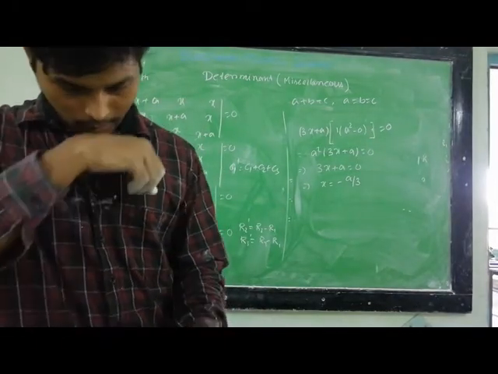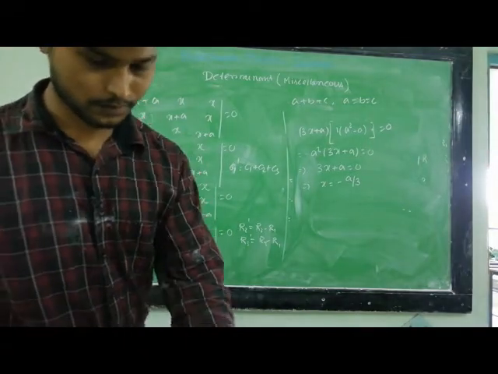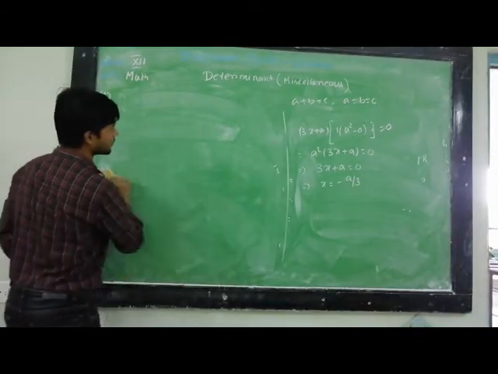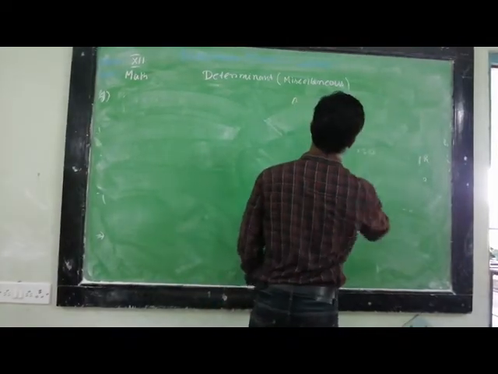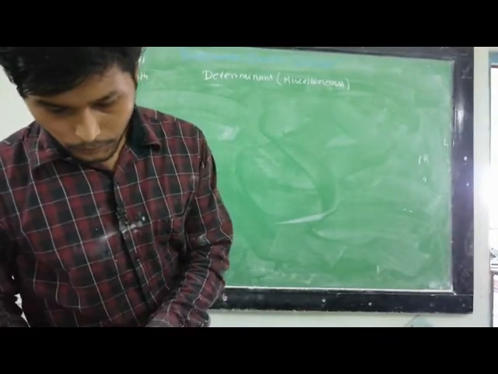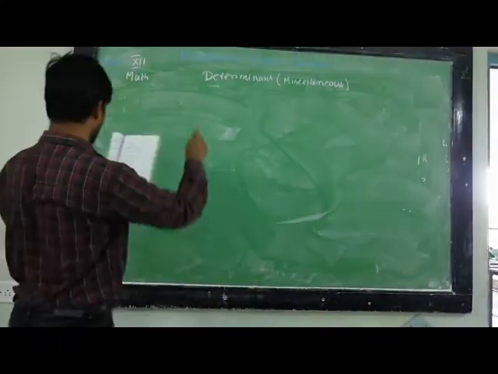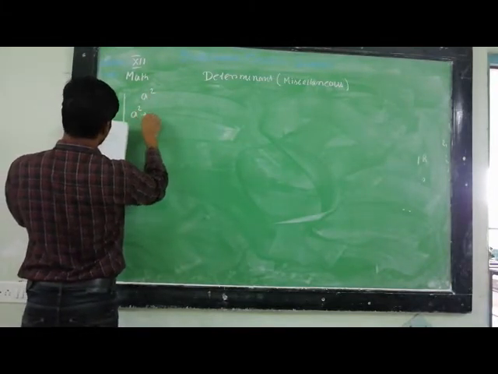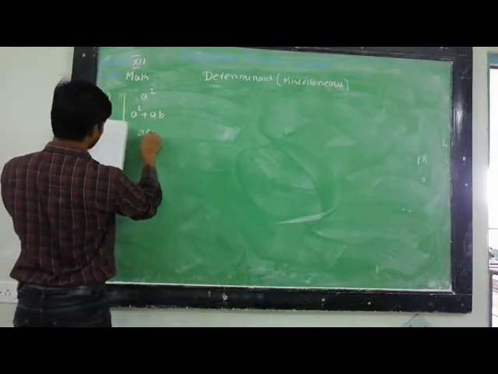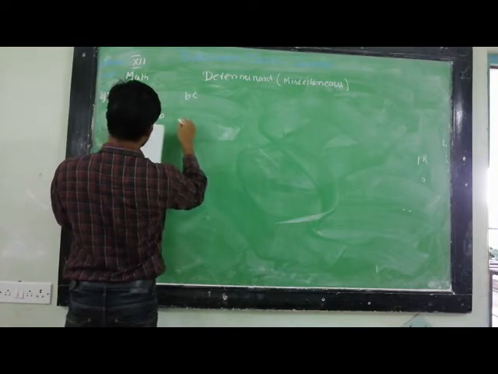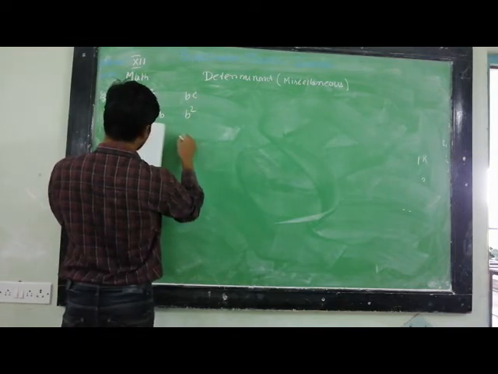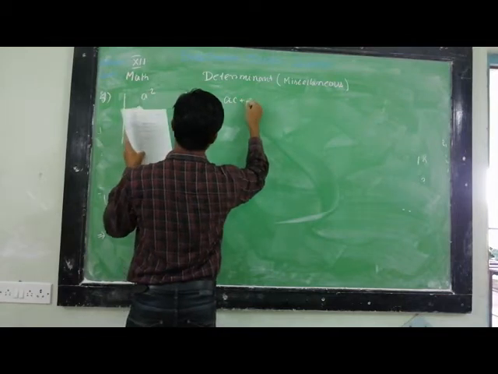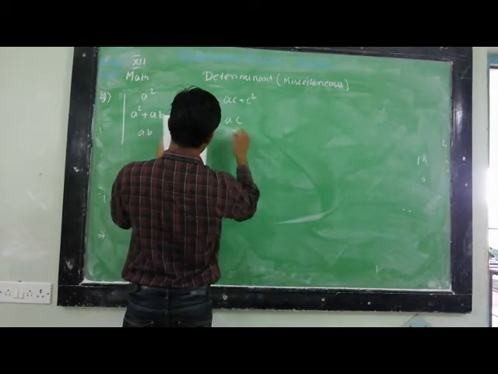Okay, so let's solve one more question, question number 6. Prove that the determinant with rows (a square, plus ab, bc), (b square, plus bc, ac), (plus c square, ac, c square).